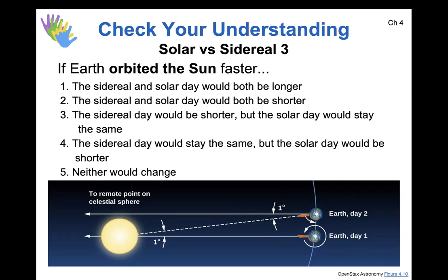And interestingly, what if we orbited the sun faster? So that would be like this distance along the blue line was greater for one day. In other words, what if there were only 270 days in a year, for example, but our orbit was the same? How would that affect these two values, the sidereal and the solar day?